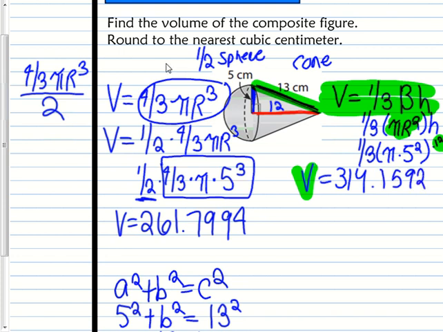Actually, that would round to 314.1593. Okay. I'm just going to double check that I did that correctly. 5 squared times pi times 12 divided by 3. And yes, it does.